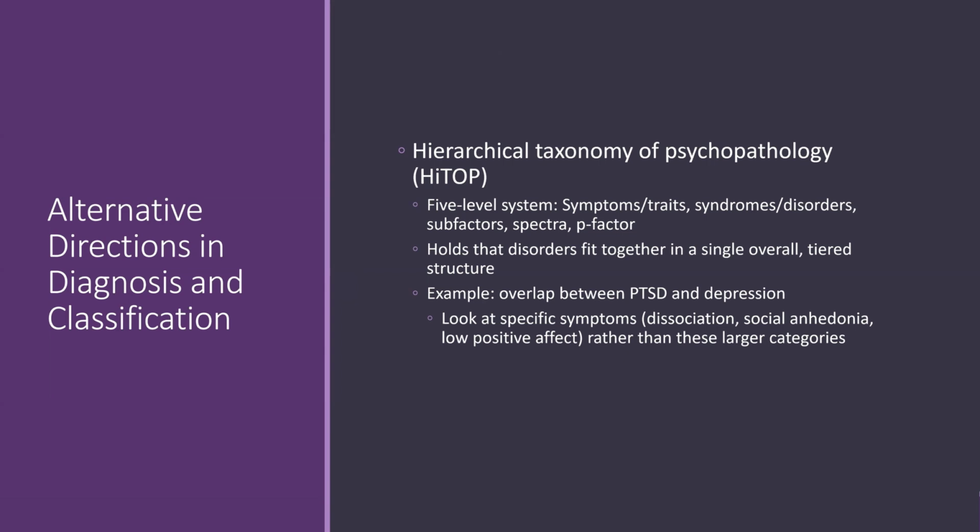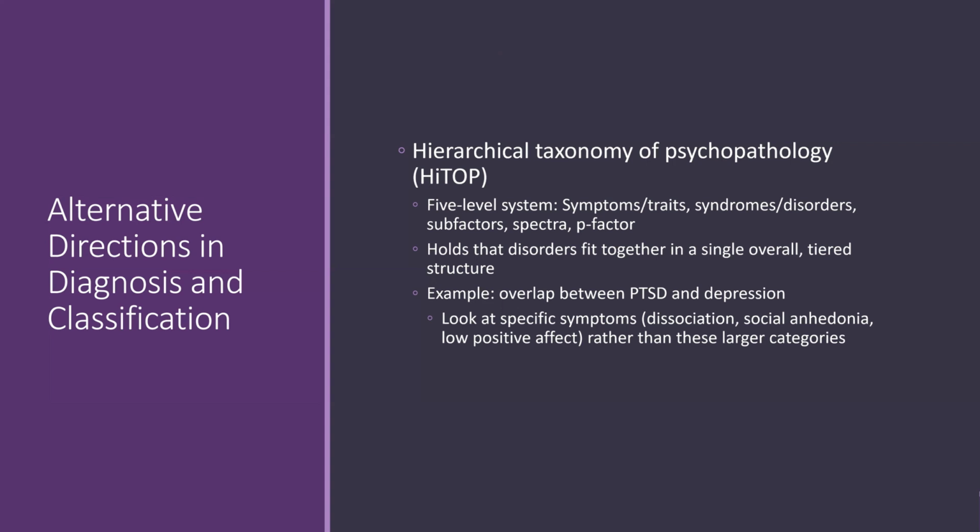You don't need to know all the details, just that it's an attempt to organize psychopathology in a more dimensional way. There are 5 levels. Symptoms or specific traits cluster together into syndromes or disorders, which cluster together into subfactors, spectra, and then at the very top, there's the P factor, which refers to a general psychopathology that you can measure across people.